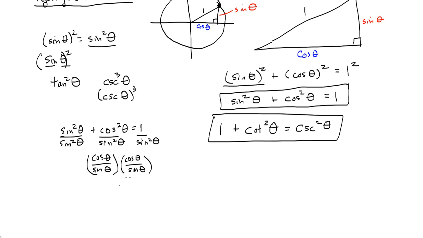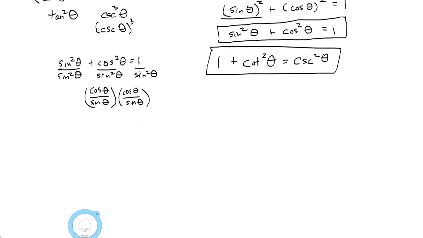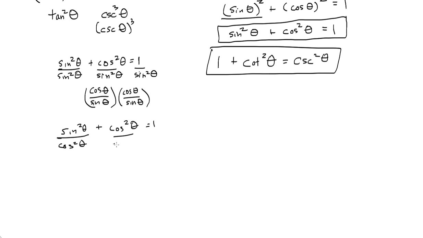And then my last one: divide everything in my basic Pythagorean identity, sine squared theta plus cosine squared theta equals 1, through by cosine squared theta. We have some similar construction here.